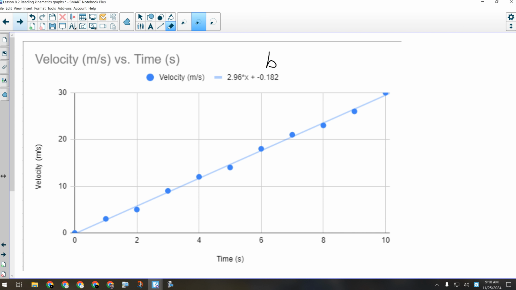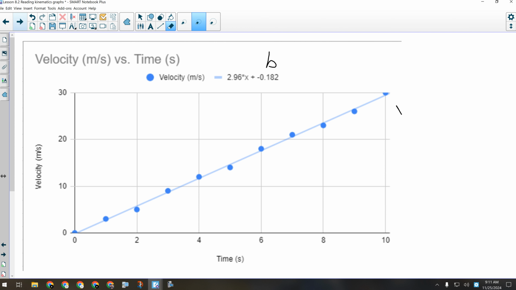Remember what b is. B is the y-intercept. It's the value of y when x is 0. So in this case, when x is 0, I'm looking at my initial velocity. That means y would represent my final velocity.